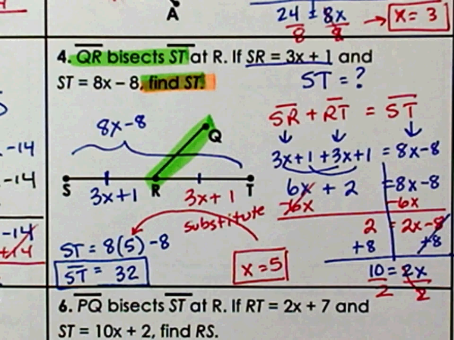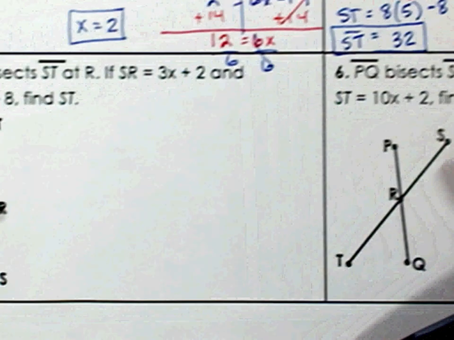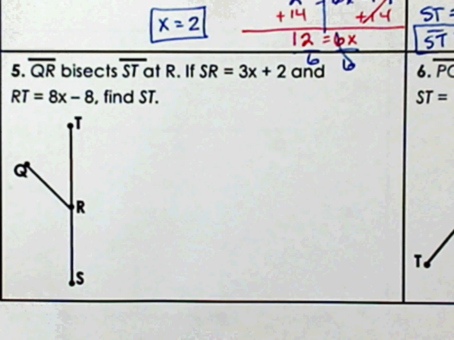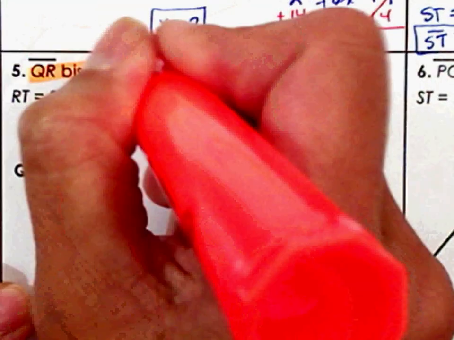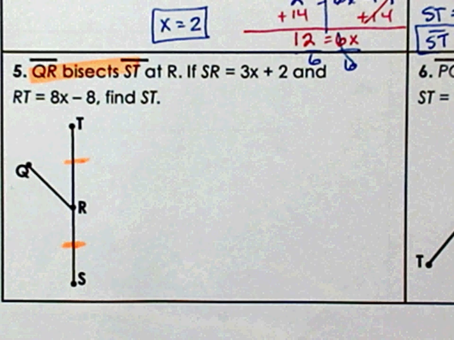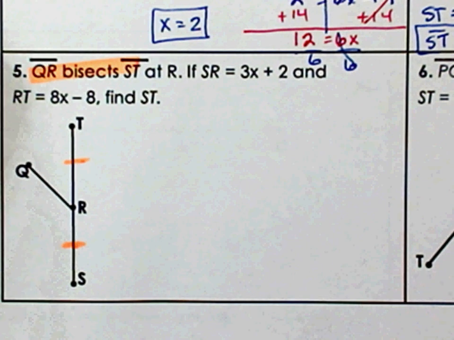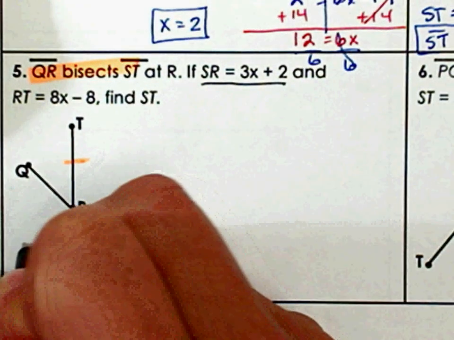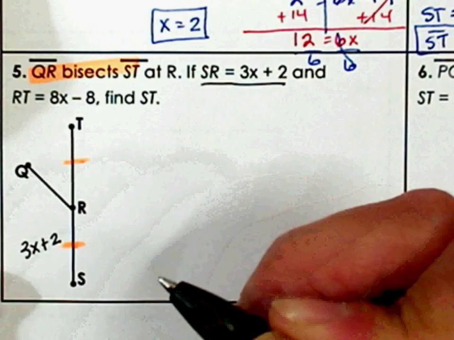All right. Let's go to number 5. Here we go on number 5. It says what? QR bisects ST. So guess what that means? That these two are congruent. Okay? Let's label what we know. SR, right here, 3x plus 2.